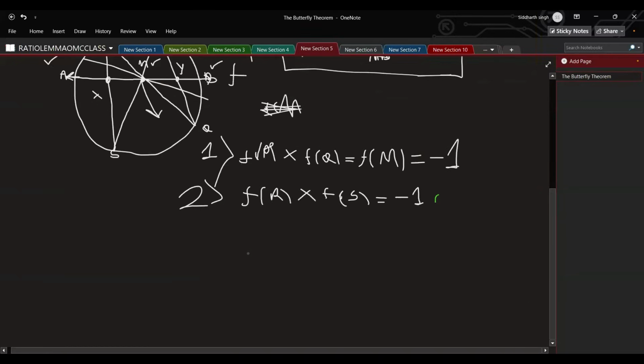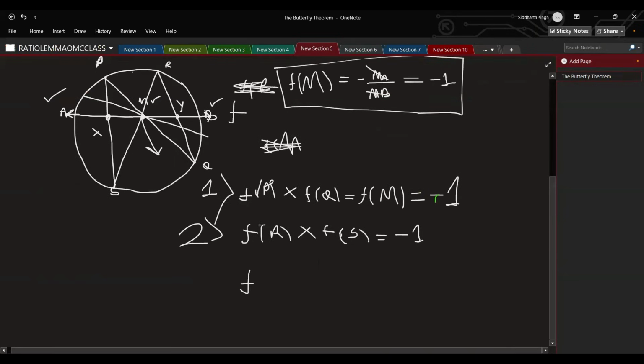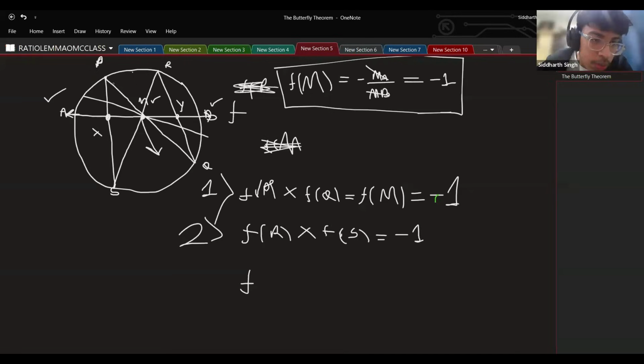So we have the quadrilateral ABPS, and we can use the intersection of AB and PS, which is X. So f of p times f of s is actually equal to x.